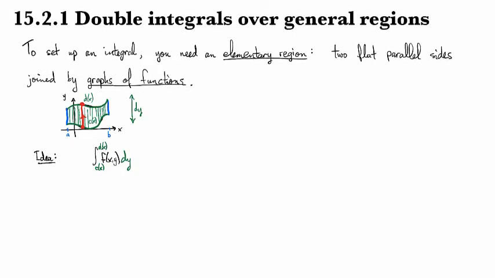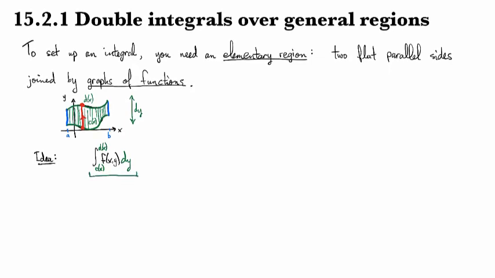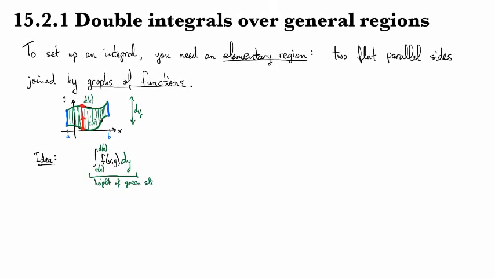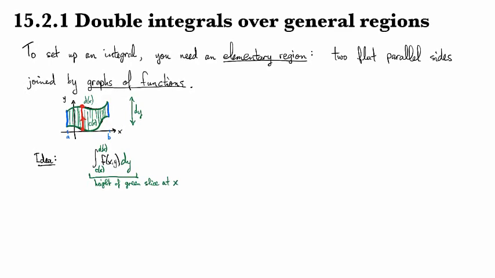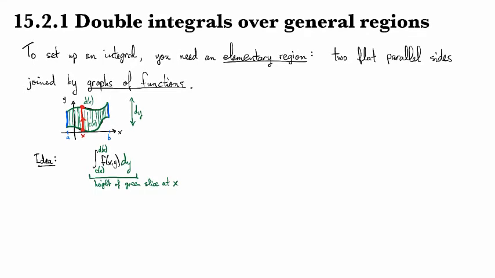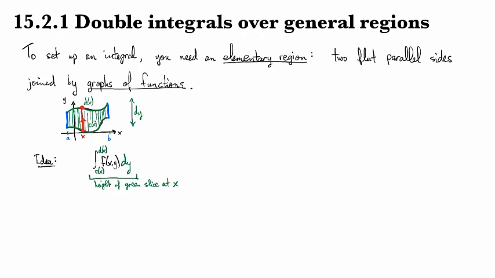All right. And so at this point right here, this is the height of the green slice at x. So x is this coordinate down here on the bottom axis. And then I'm going to take that and integrate it from left to right, sideways, to pick up the whole thing.